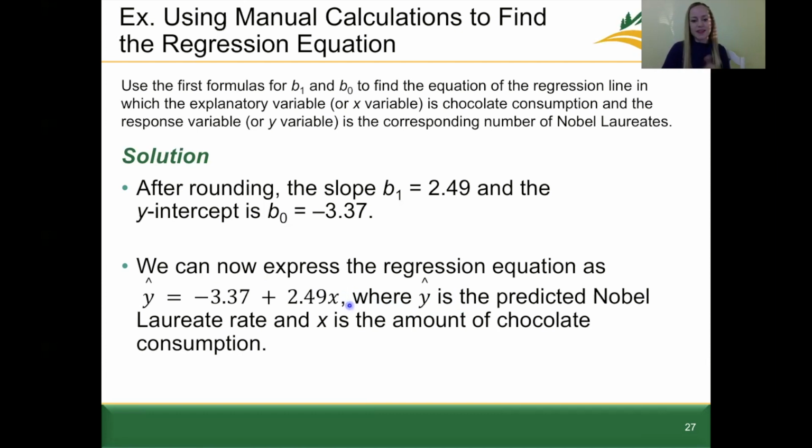What this means is that x is sort of our known value, our independent value, where y hat is just the predicted value. So what we did in 10.2 is we found that regression line equation using Excel and adding the trend line. We got the same answer then, calculating the slope and the y-intercept manually. So now we should be comfortable using both methods to figure out that regression equation.